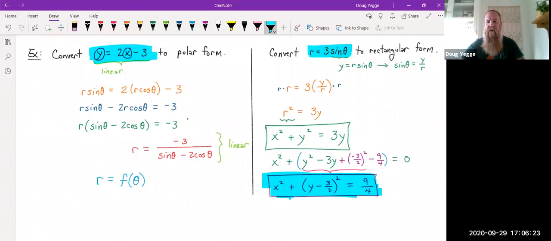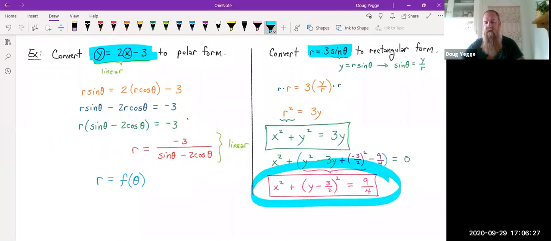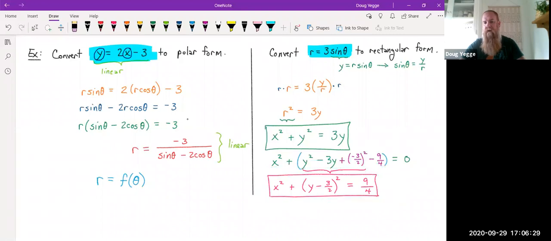But notice that even though this equation for the circle right down here is relatively straightforward, it's going to also turn out that it will be more simple for us to graph using the original form in certain circumstances. So let's start taking a look at how we can graph these equations in polar form, since we already know how to graph all of our functions in rectangular form.